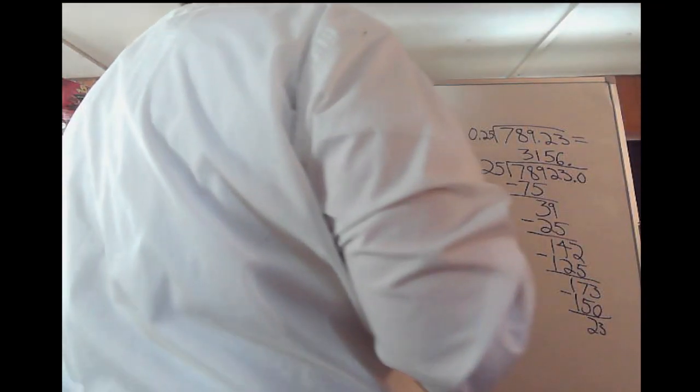Alright, now this is where we can tack on zeros in the dividend after the decimal point until we get no remainder. So, bring down a 0 from the dividend. 25 goes into 230 how many times? Goes in 9 times. 9 times 25.